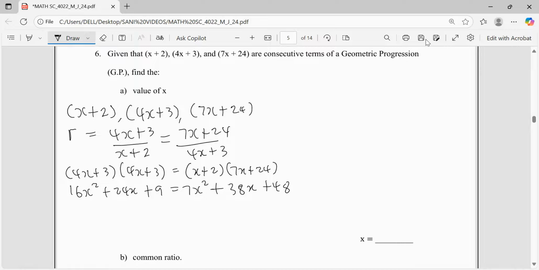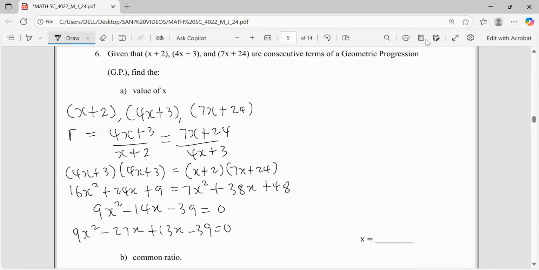So collecting like terms, we have 9x squared minus 14x minus 39 equals 0. So we can now solve this quadratic equation using factorization method. You have 9x squared, the two factors are minus 27x plus 13x and minus 39 equals 0.